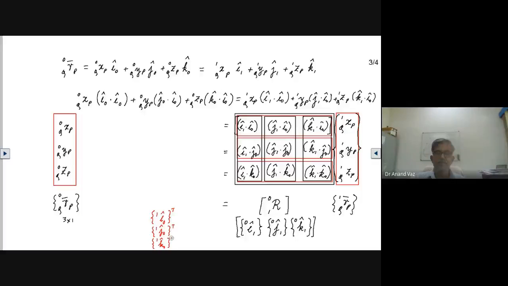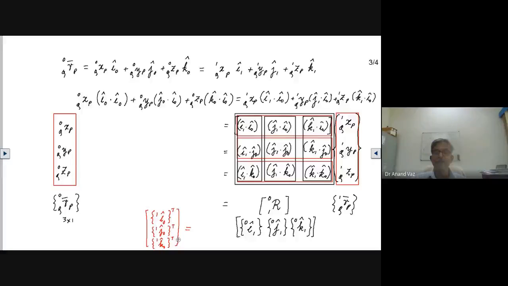This is our third. So this is the same matrix that you have here, but written in terms of different unit vectors in different frames. Okay. So you can either write it like this or like this.